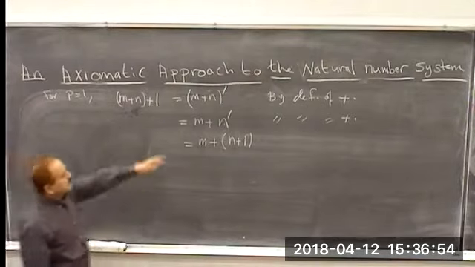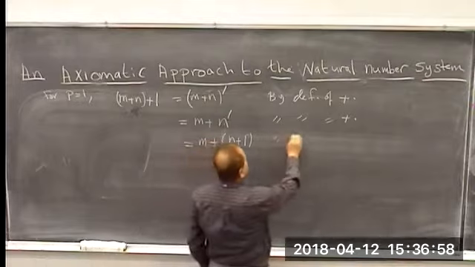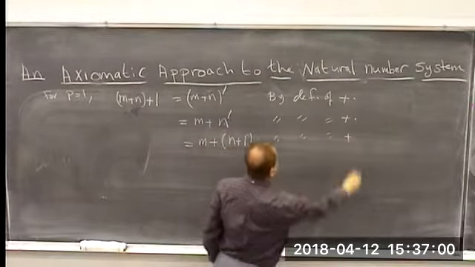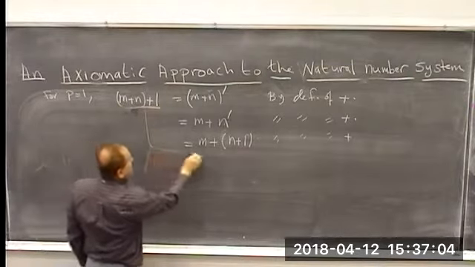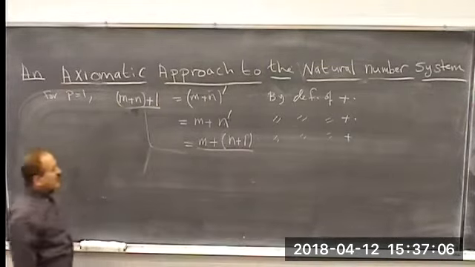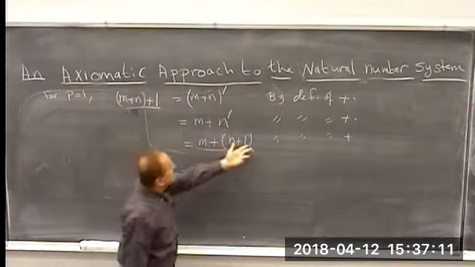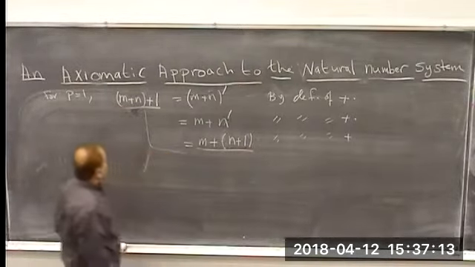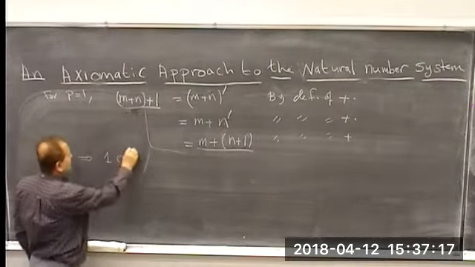Right? This is again by definition of addition. Well, it means that this is the same as regrouping. So we have the M and the N together, and then we end up with the N plus 1 together. So this means that 1 belongs to K.